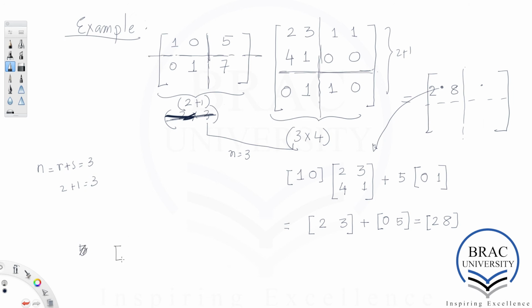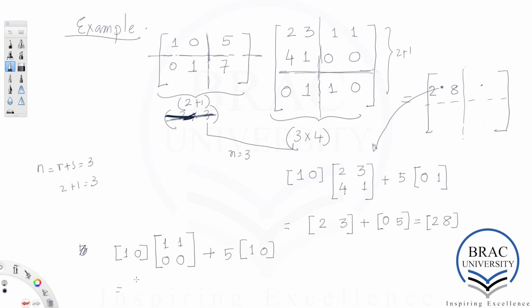So this is going to be 1 0, then 1 1 0 0 plus 5 times 1 0, right?